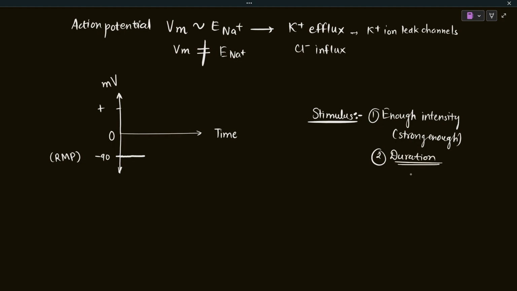Those two things are quite important for the sudden opening of voltage gated sodium ion channels. Once that happens, there will be a certain spike, and then it will reach this level. Here, let's say this is 40 millivolt. This is what we call the action potential.